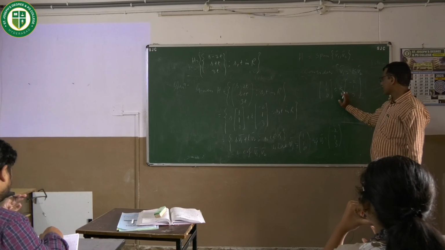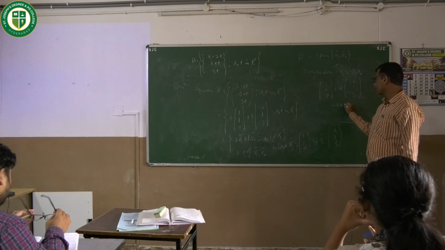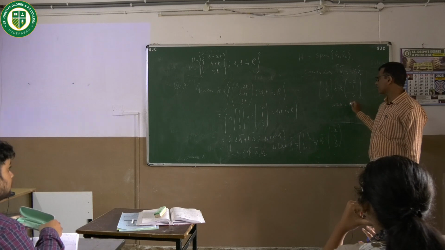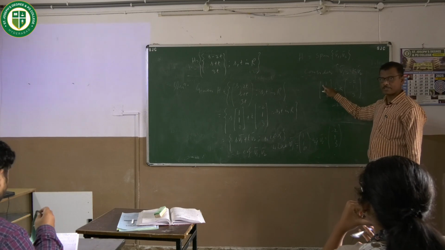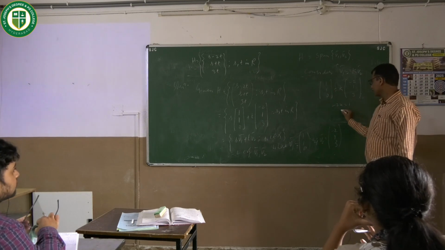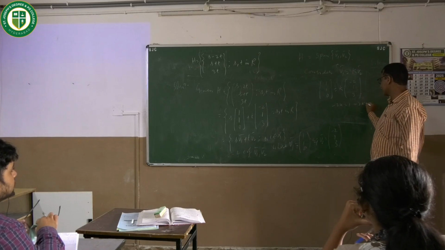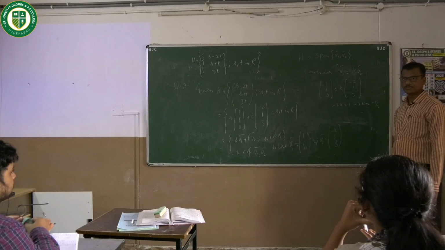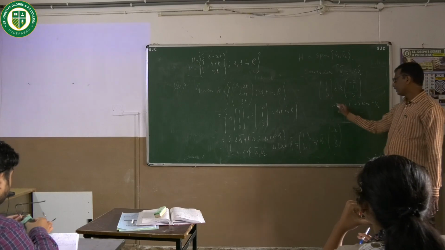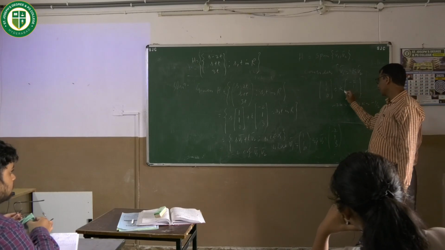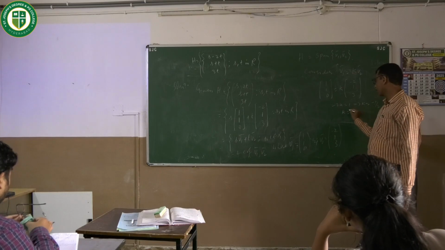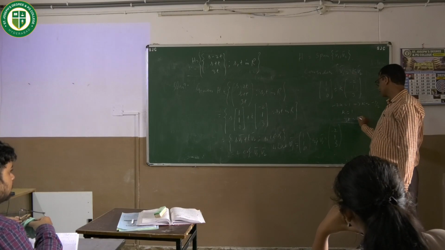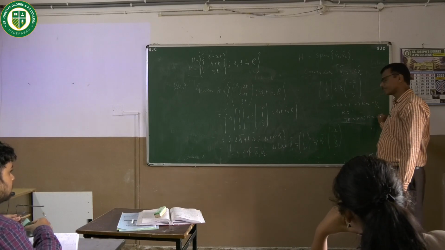First row, first element: minus 2k is equal to 1, so k is equal to minus 1 by 2. The second one, k into 1 equals 1, so k is equal to 1. Then the third, 3k is equal to 0, therefore k is equal to 0.